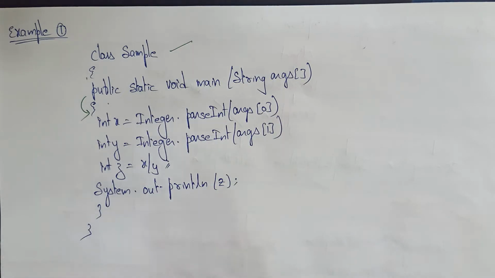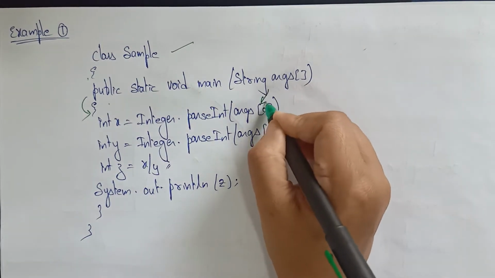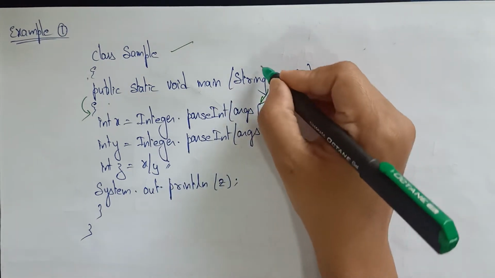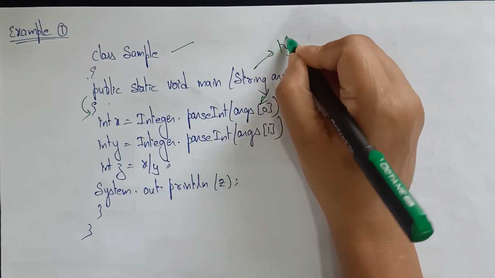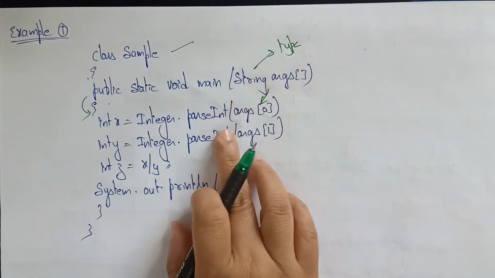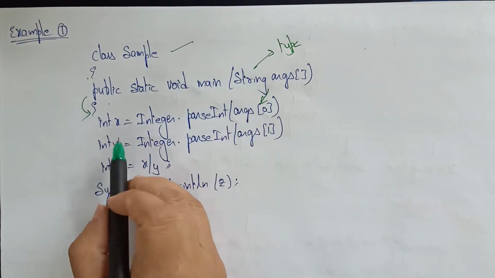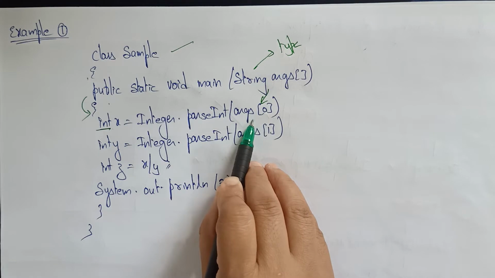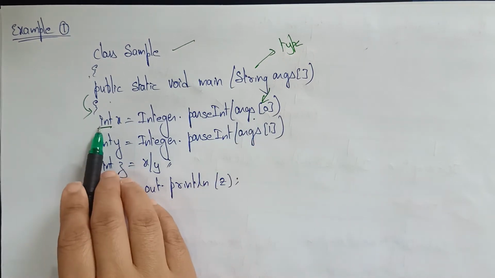So whenever you want to run the program at runtime, try to call the arguments. Whatever the argument is, it is of string type, but the return type here is an integer.